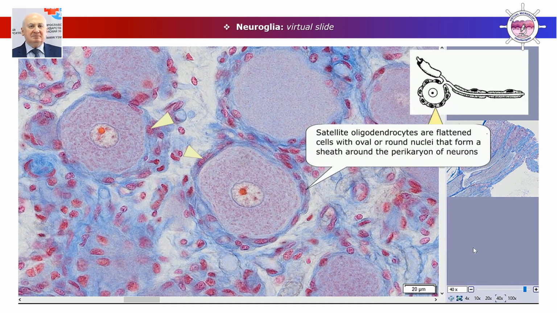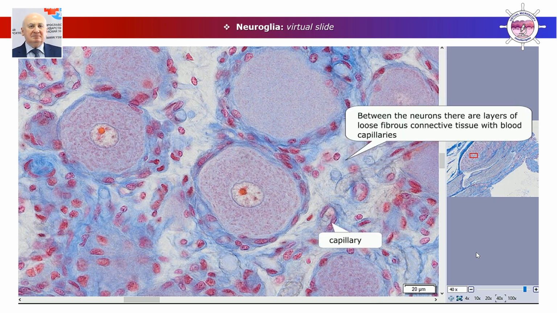Satellite oligodendrocytes are flattened cells with oval or round nuclei that form a sheath around the perikaryon of neurocytes. Between the neurons there are interlayers of loose connective tissue with blood capillaries.